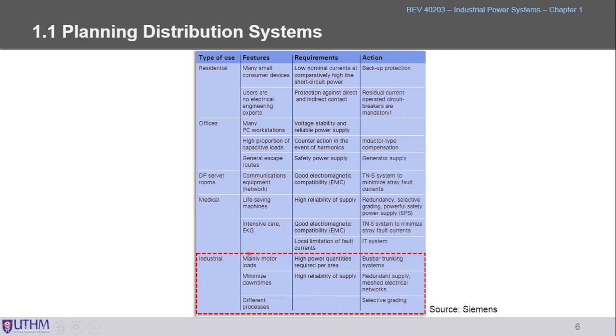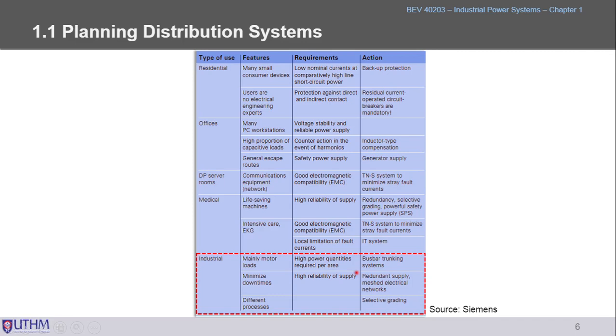So one of the features is mainly motor loads. That means we have a lot of motor loading in the IPS. So the requirement is that they have to have high power quantity required per area. Normally it is calculated based on the square meter. So for 1 square meter, how many kVA do you need?